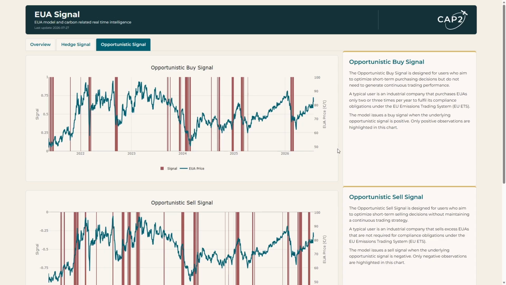But at the same time, as I said, we have this opportunistic signal tailor-made for clients in the industrial area that need to optimize their purchase positions or purchase decisions when they have to buy and then later on cancel EUAs.